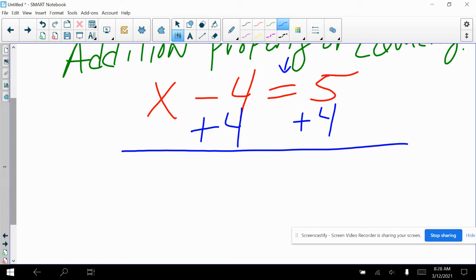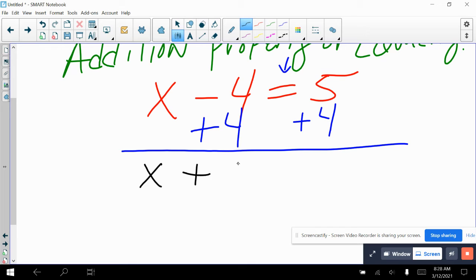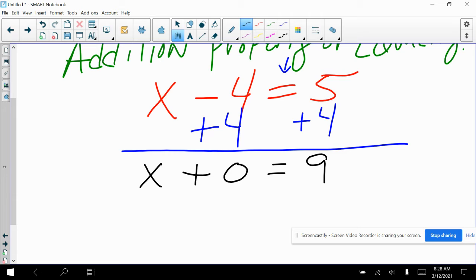Okay, so technically over here, we get x plus 0. And on this side, we get 9, because we added those together, 5 plus 4, right? We're working down the page.